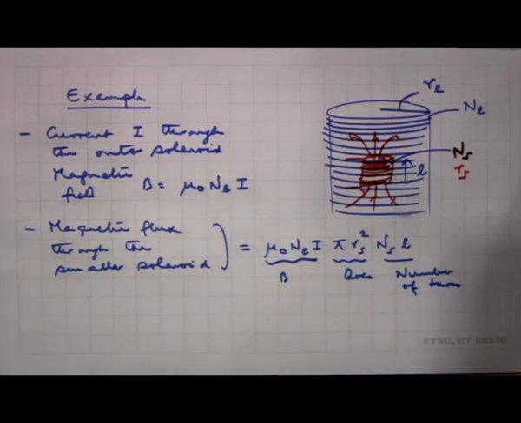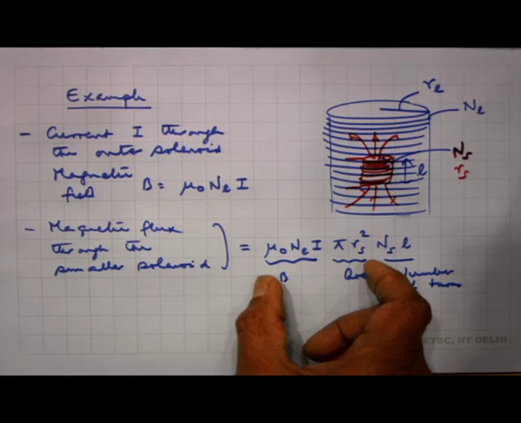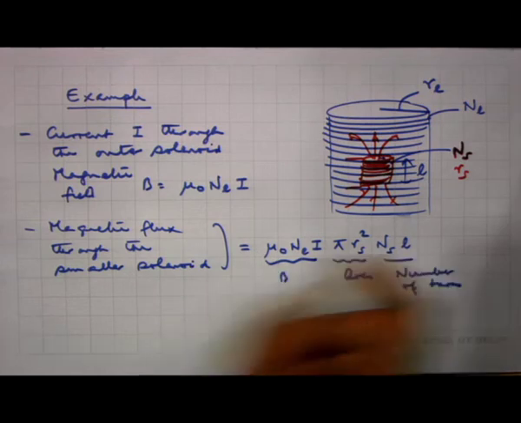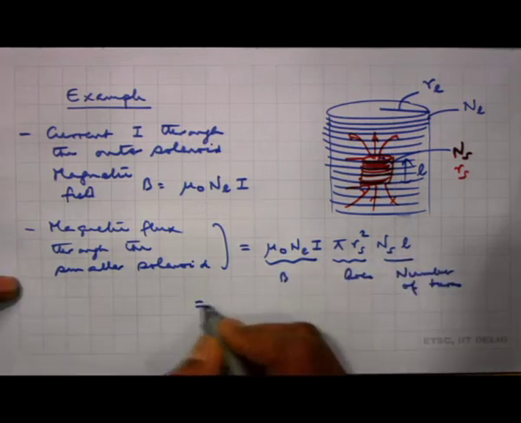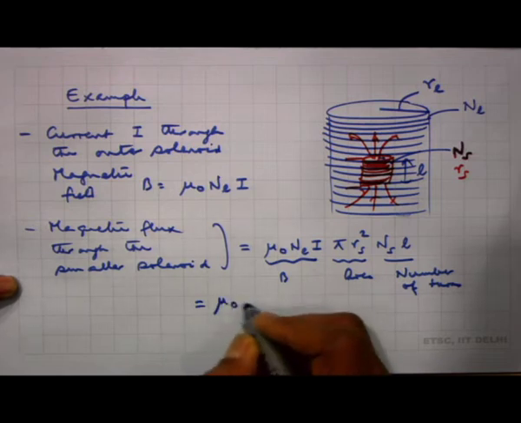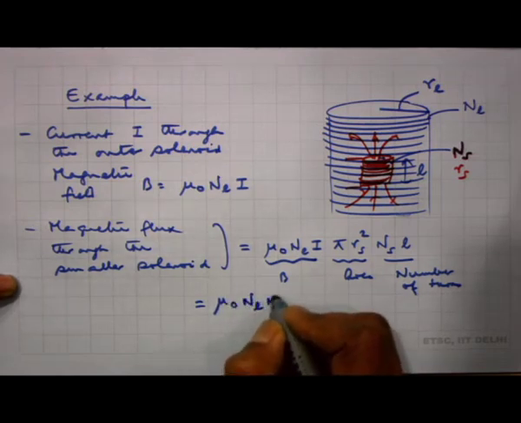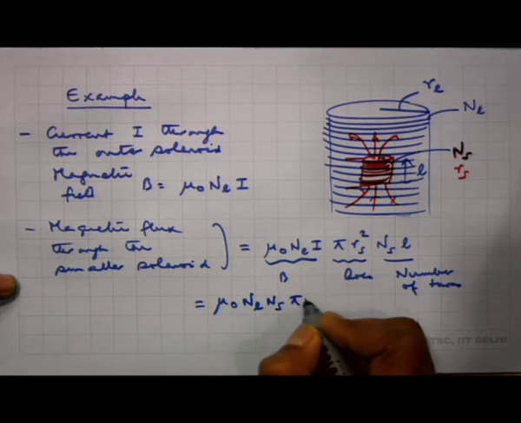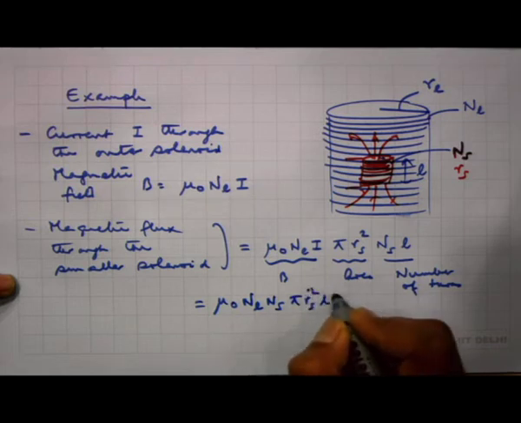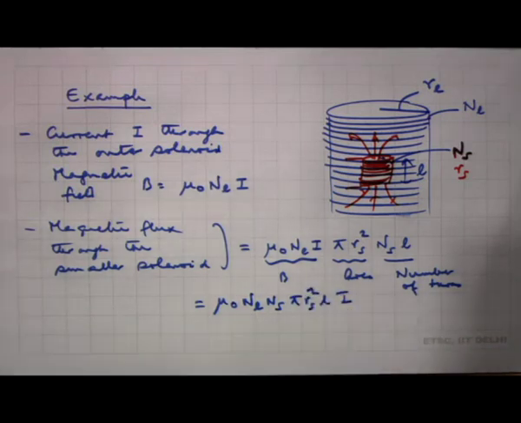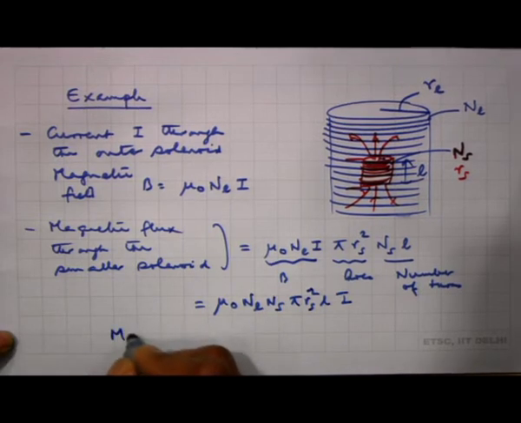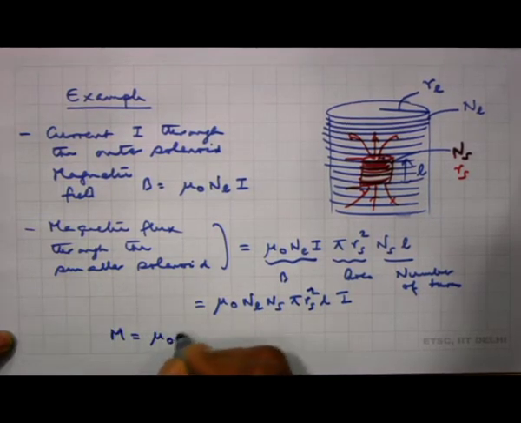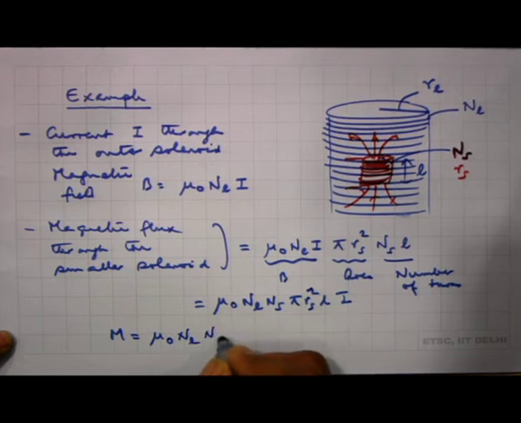Please remember that this flux is per turn, and there are so many turns. So, this is equal to mu naught NL NS pi RS square into L into I. So, I get an expression for mutual inductance between these two, M is equal to mu naught NL NS pi RS square into L.